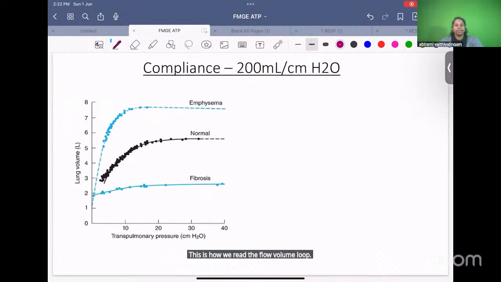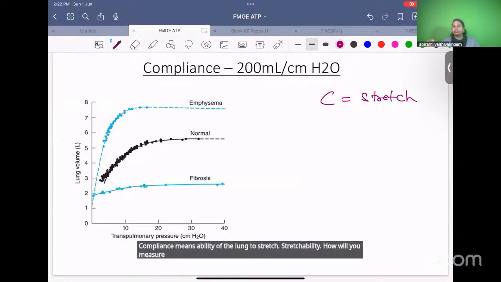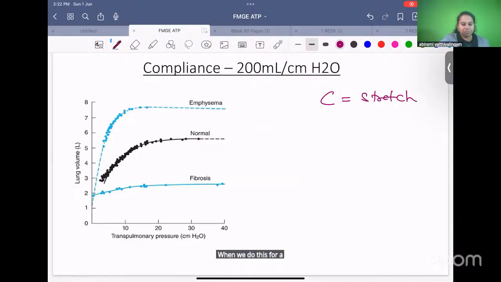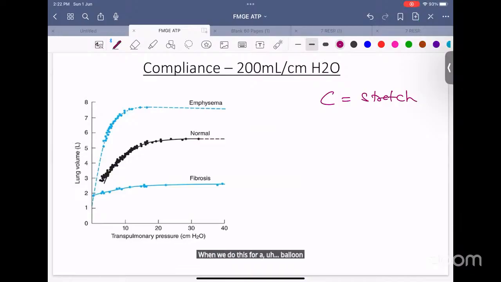Over to compliance. What is compliance? Compliance means ability of the lung to stretch, stretchability. How will you measure compliance? See, when we do this for a balloon, yes, hope you remember this.